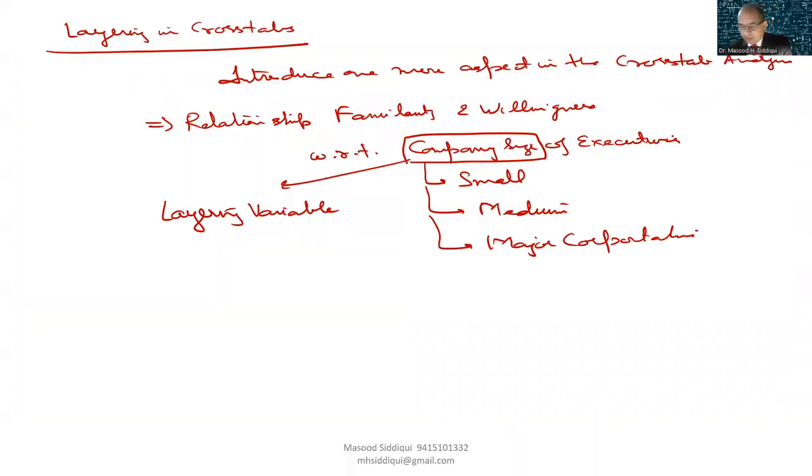So here, as we look at this output, we will have the first one as the small company executives. The next one is for medium. And the last one is for major.